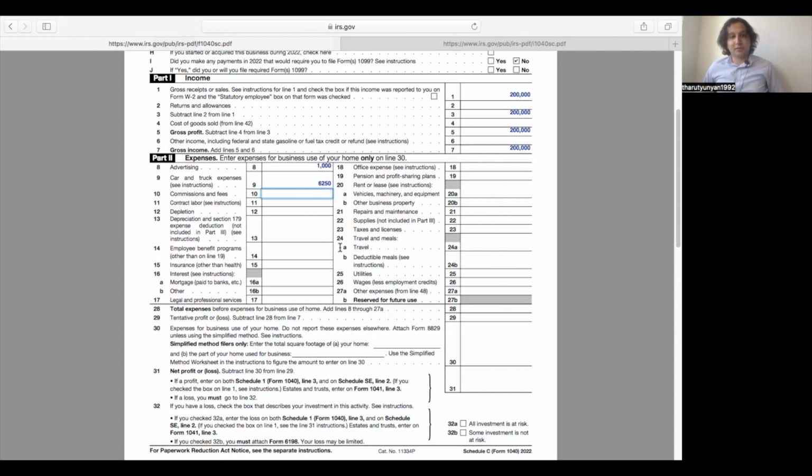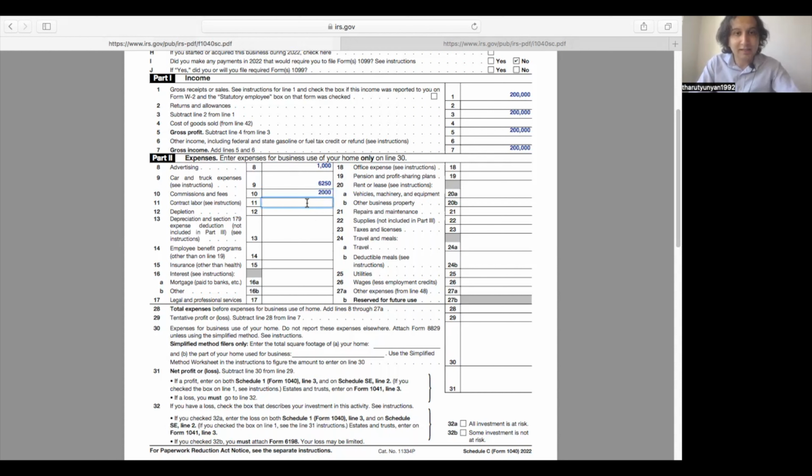So let's say there is some sort of booking service, and that booking service charges you a fee anytime someone books a reservation in your restaurant, then that's the commission, right? So let's say there was $2,000 in commissions and fees.